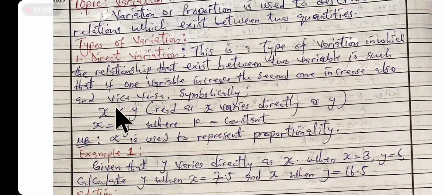So symbolically, x is directly proportional to y, read as x varies directly as y. x is going to be equal to ky, where k is a constant. In order to remove this sign of proportionality, we have to introduce a constant k. So note, this symbol is used to represent proportionality.